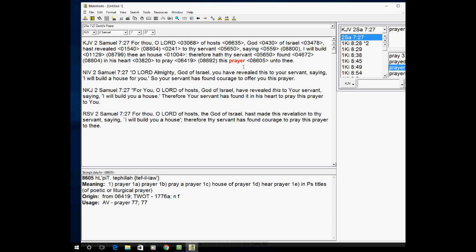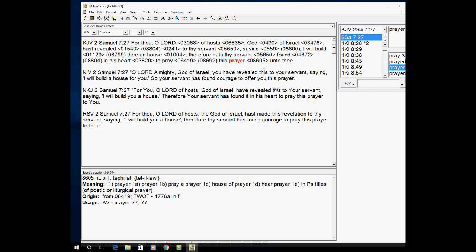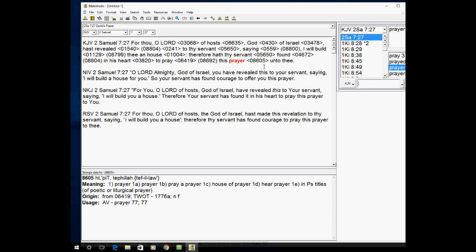Here we have the word prayer, Strong's number 8605, and that's basically talking about prayer the way we think of it, putting up a prayer to our Father in heaven, a poetic or a liturgical prayer.